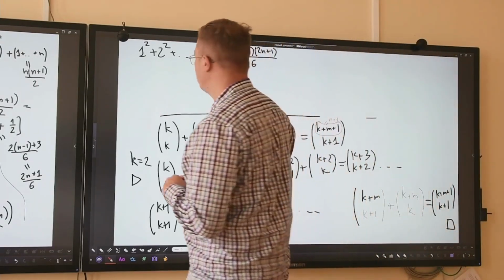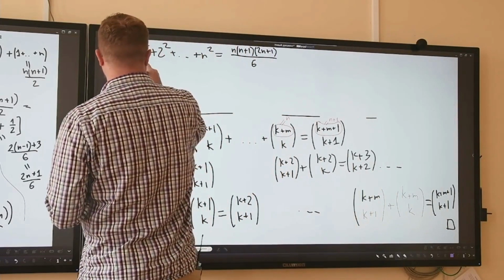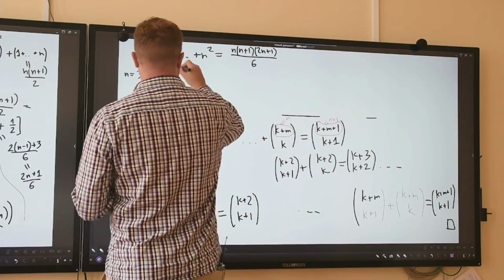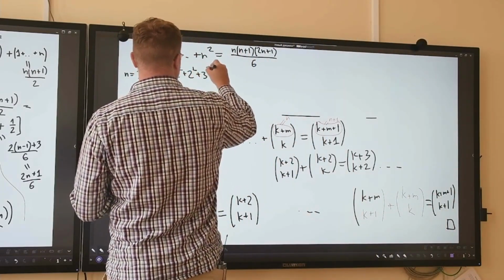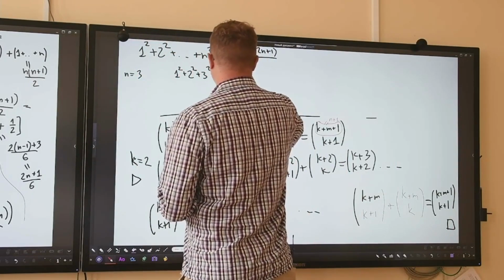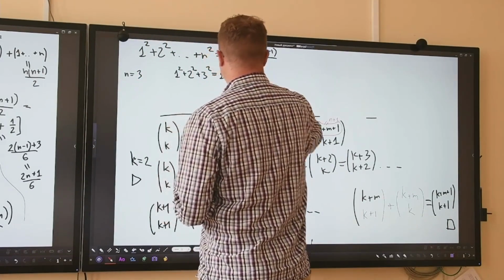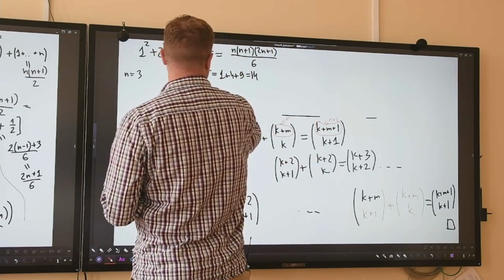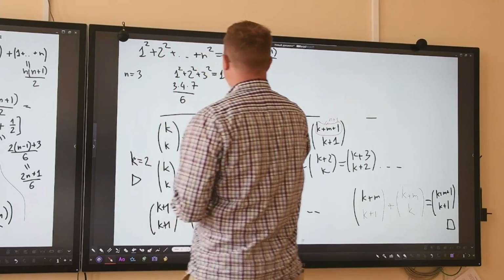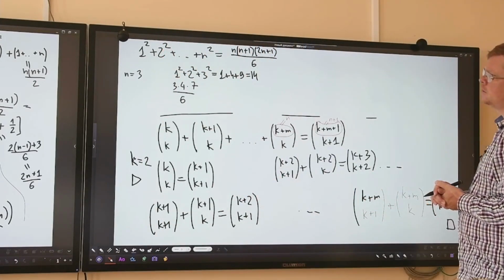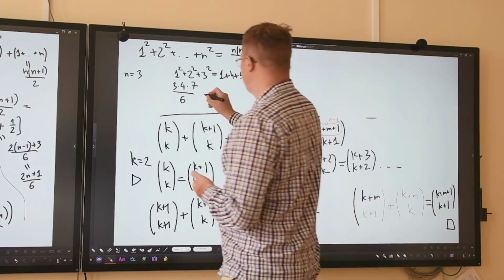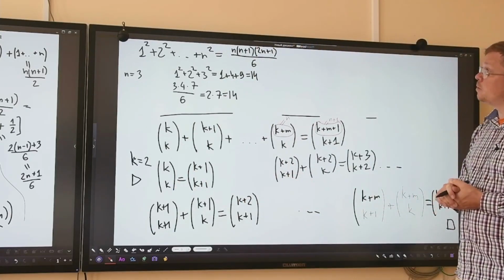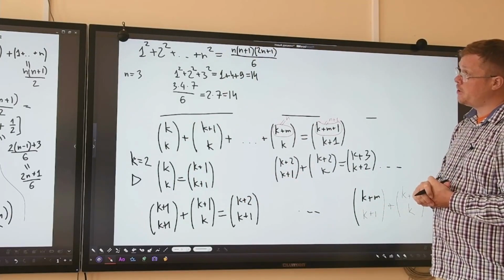Maybe, for example, we choose n equal to 3. So this will be 1 squared plus 2 squared plus 3 squared is equal to 1 plus 4 plus 9, 14. And here I'll have 3 times 4 times 7 over 6. And so this is 2 times 7, 14, okay? So for n equals 3, this holds.